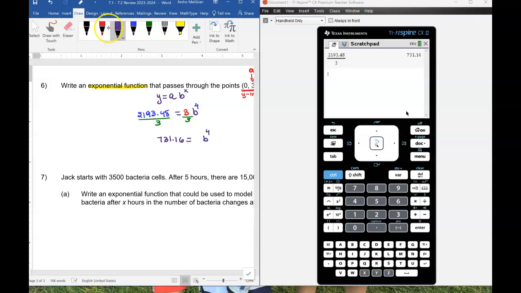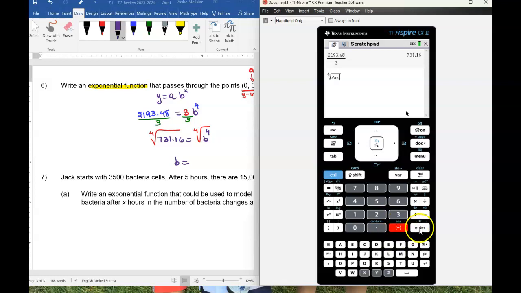Okay, to solve for b, I got to take the 4th root of both sides. So now take a look at what we're going to do here. When you go into your calculator, you're going to say 4th root of, instead of typing in all of these values, all of these digits, because that creates such a big opportunity for mistakes, you're going to do Control and the negative button on top of it, it's ANS, that's answer.